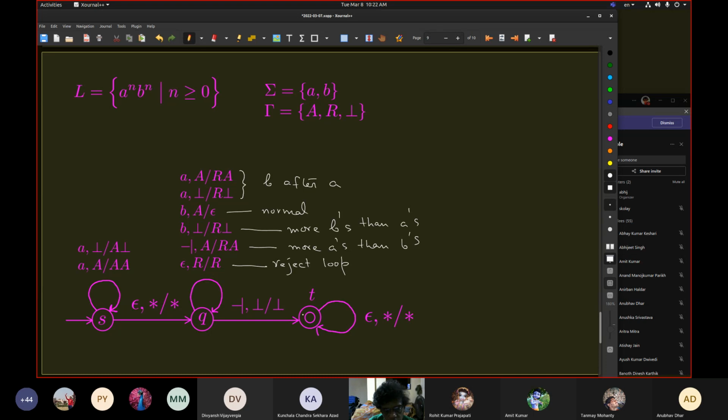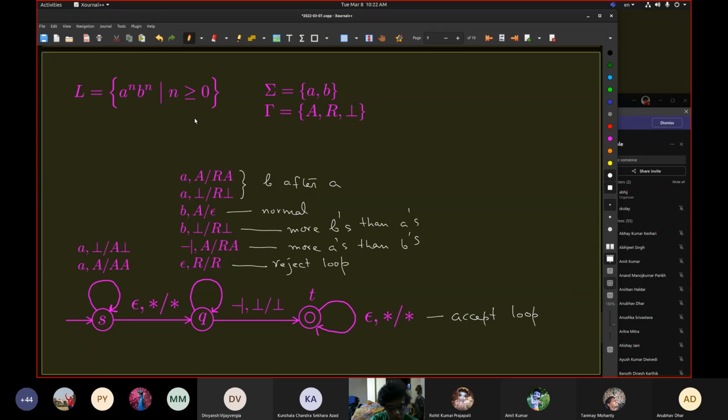In that case, it goes to the start accept state T. And of course, it is never allowed to stop there. So it will enter this loop. So I can call it the accept loop. So this construction proves that this language is deterministic context free.